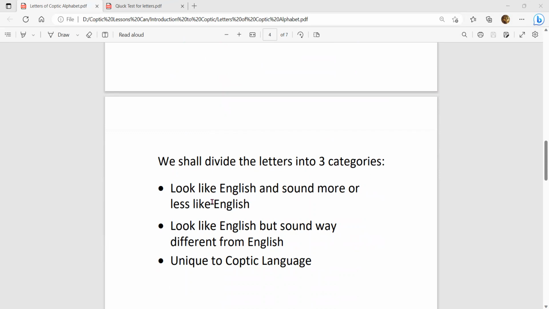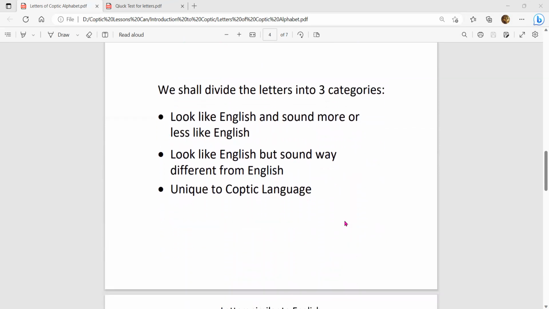Those that look like English and sound more or less like English. Those that look like English but sound way different from English. Third group or category is that which is unique to the Coptic language.